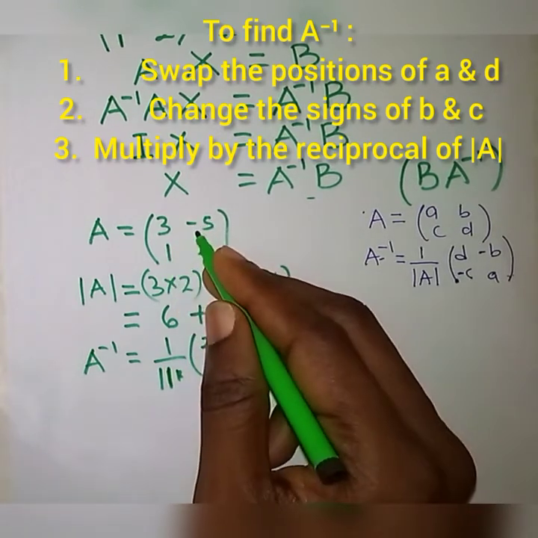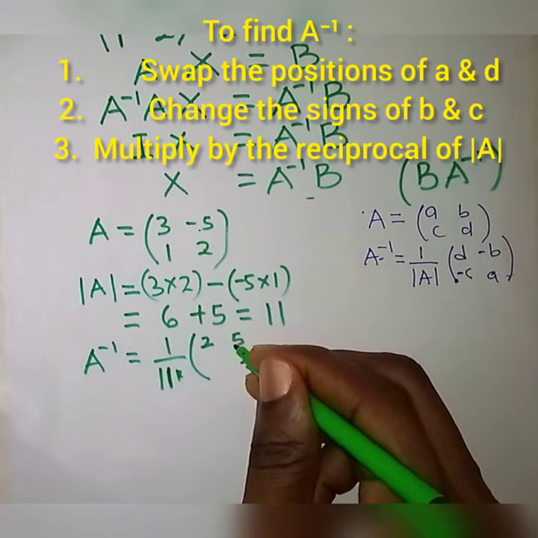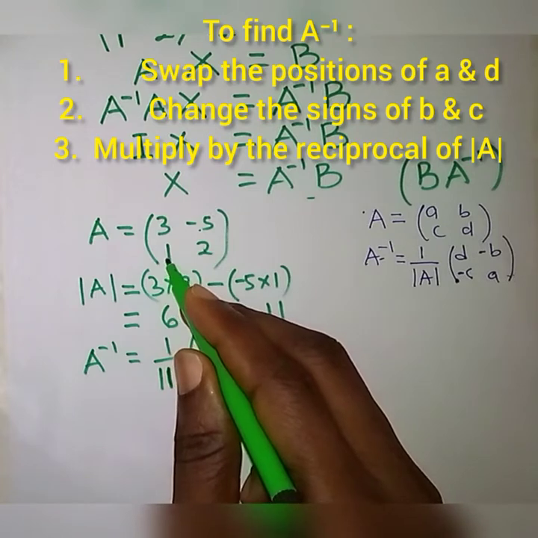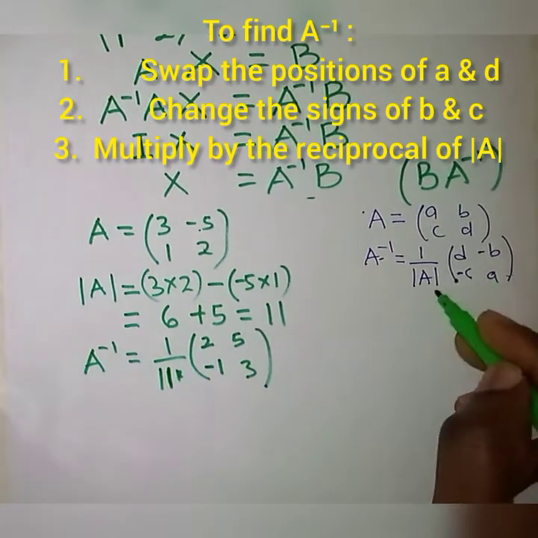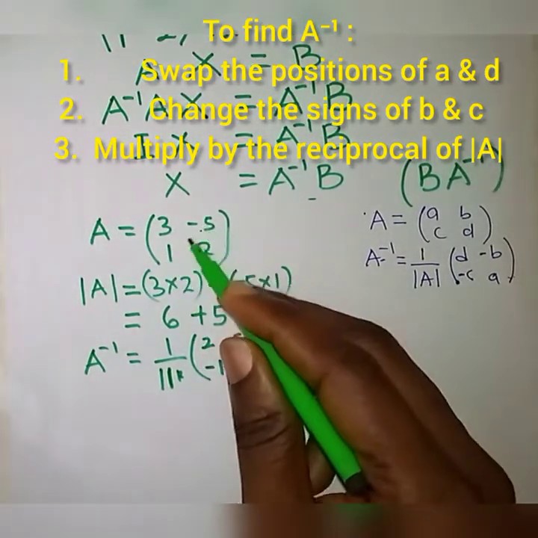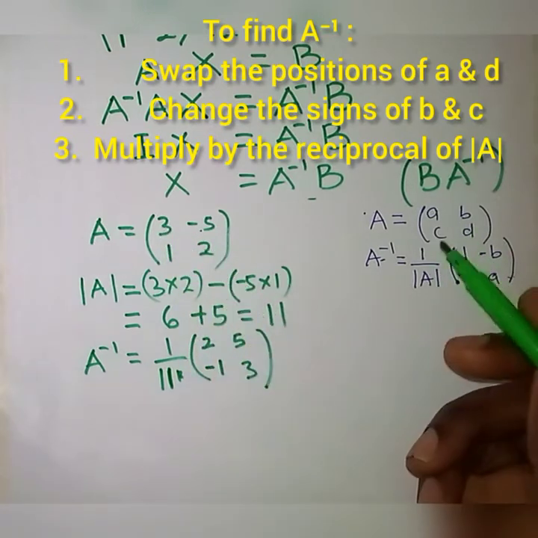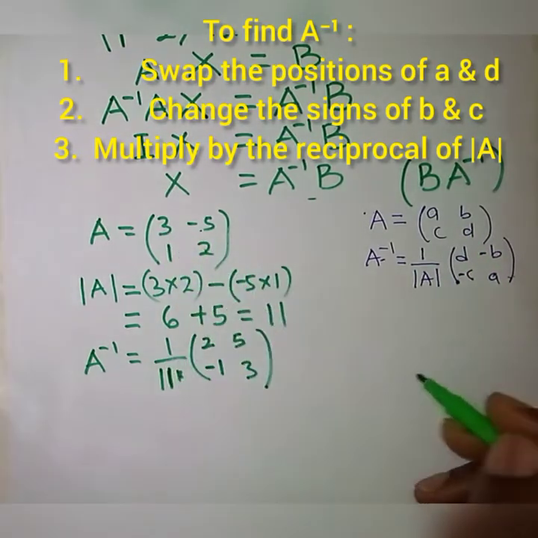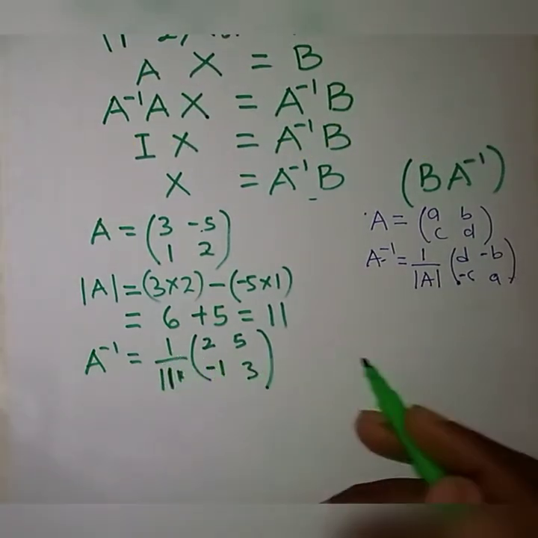The sign of 5 here is negative, so it becomes positive 5. And the sign here is positive, so we change it to negative and we have minus 1. By using this formula, we change the signs of b and c and interchange the positions of a and d. And so this gives A inverse, 1 over 11 times this.